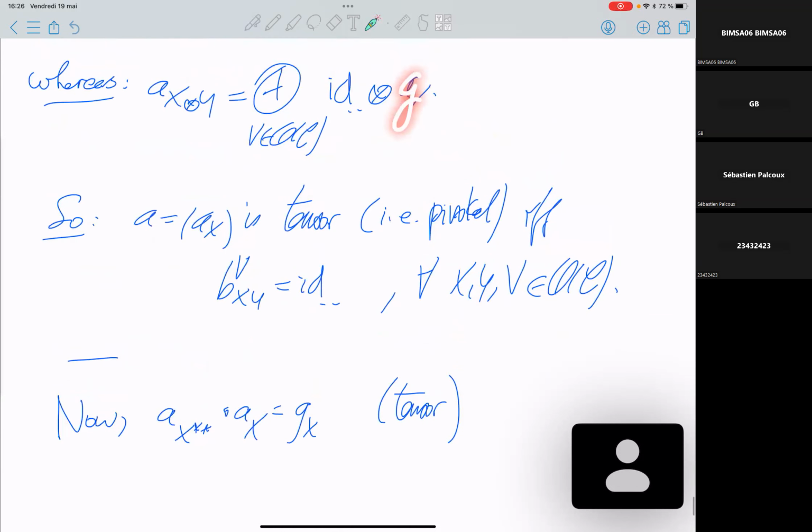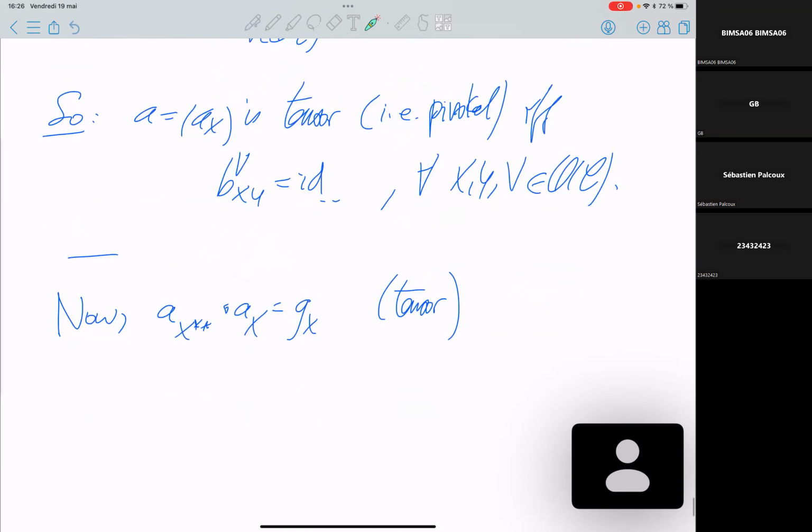So then we will see that in fact, for such a square root, the square of this matrix is identity.